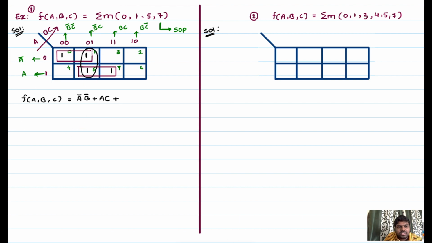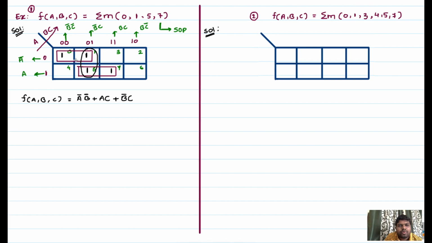So now what happened? For these adjacent pairs, the first and fifth square boxes, the product term is b bar c bar with respect to the column point of view. From the rows point of view, the first square box is associated with a bar and the fifth square box is associated with a. In this case, you can ignore these rows, just take only the column product term, that means b bar c. Okay, b bar c. Why am I ignoring these rows?